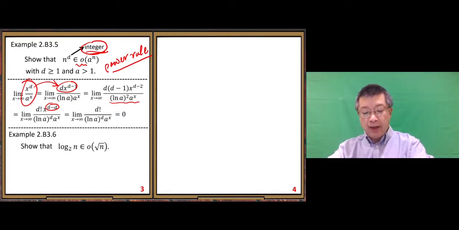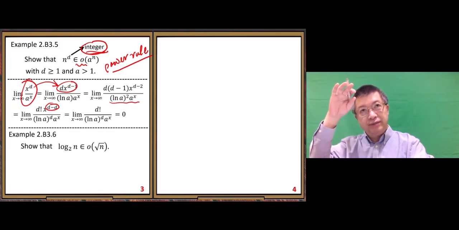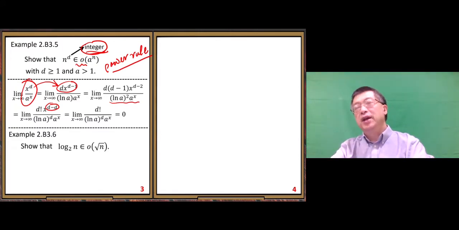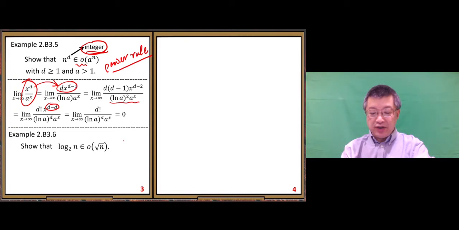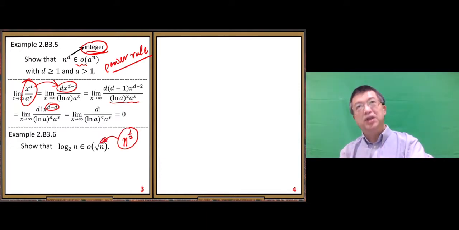This time, let's show log base 2 of n belongs to little o of square root of n. Is square root of n a power function? It is n to the 1/2 power. So you can see this time the power d is not an integer.